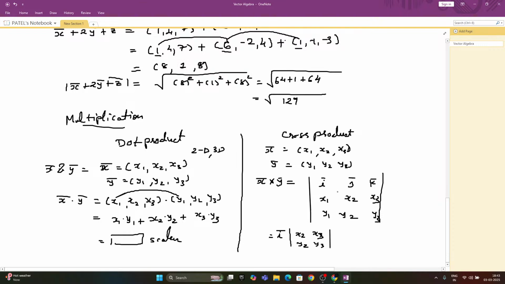Row and column, we have to hide this one. Similarly, minus j times the determinant of x1, x3, y1, y3, plus k bar times the determinant of x1, x2, y1, y2. Now cross multiplication and simplification.